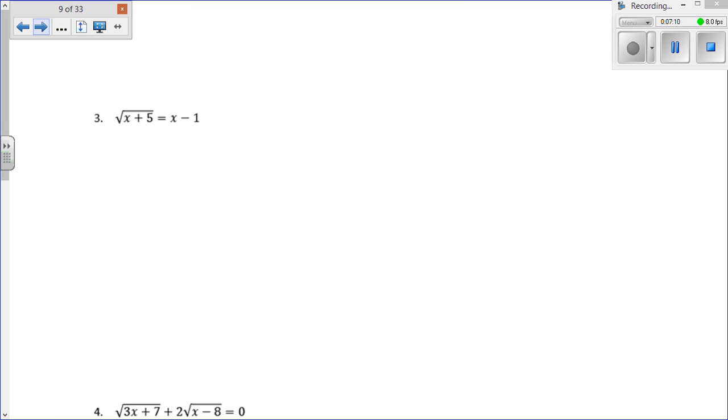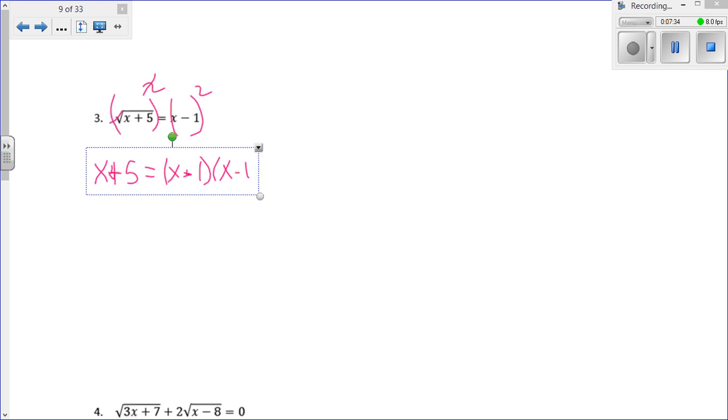For number 3, the radical is already by itself, so we just need to square both sides. So over here, the square and the square root cancel right out, so I have x plus 5 equals, write it twice, so x plus 5 equals x squared minus 2x plus 1.